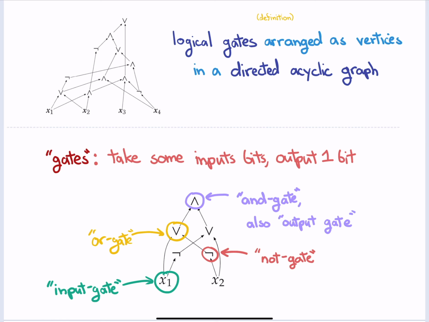Or you can have a NOT gate, which just flips the bit. 0 comes in, 1 goes out, or 1 goes in, 0 goes out. So circuits are often modeled as directed acyclic graphs, starting from the input and working its way up, at least as drawn, to the output.